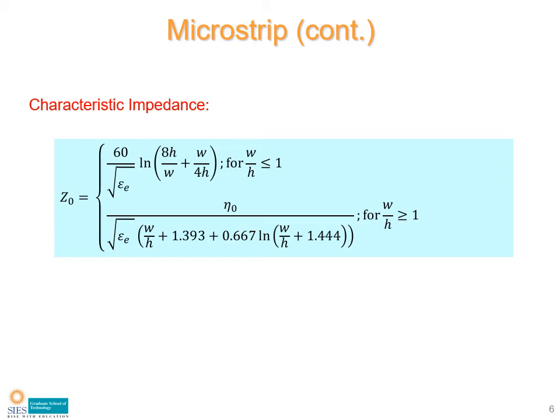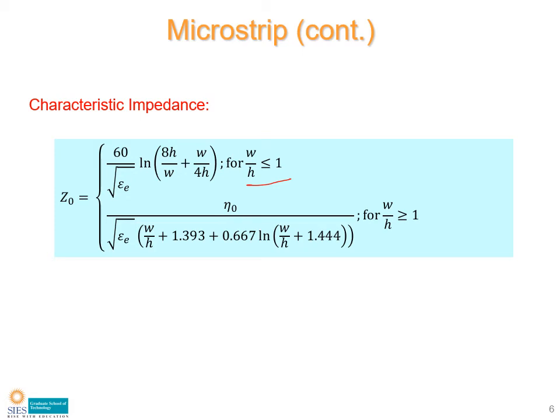Z0 will have two different options for finding its value, depending upon the W by H ratio. If the W by H ratio is less than or equal to 1, then Z0 can be found as 60 divided by under root of epsilon E, natural logarithm of 8h upon W plus W upon 4h.